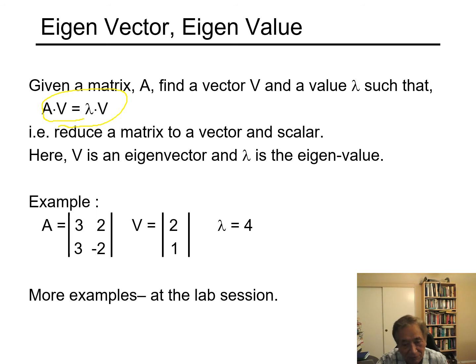Let me go to a different color. So A is our 2x2 matrix, and v is a vector. Can you find a vector and one scalar, that's one number, in such a way that this matrix times this vector has the same value as this single value times this vector?